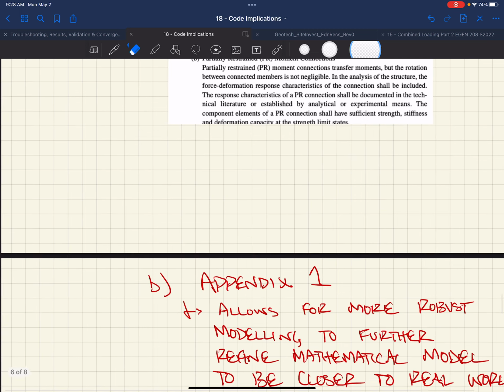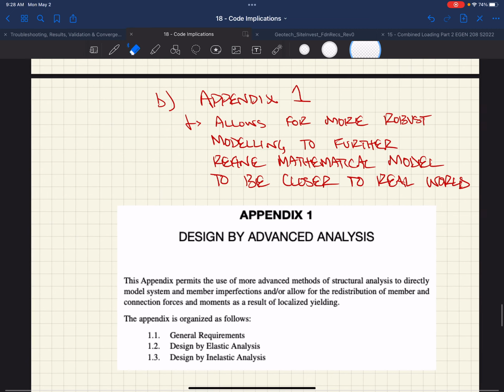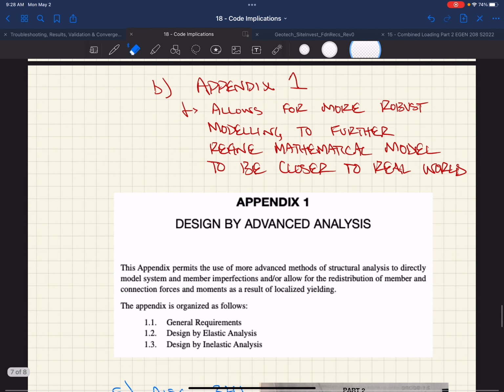If we talk about the appendix, and this is in 360 still, in the appendix they say design by advanced analysis. What do they say? They're opening the doors to allowing you to use the power of the finite element analysis method, saying we know we have really capable computers and really strong analysis software programs.